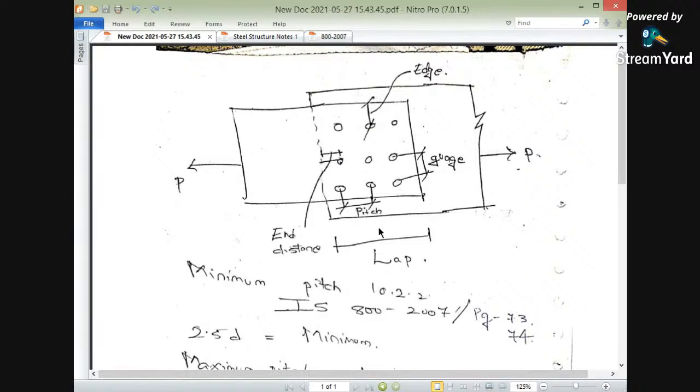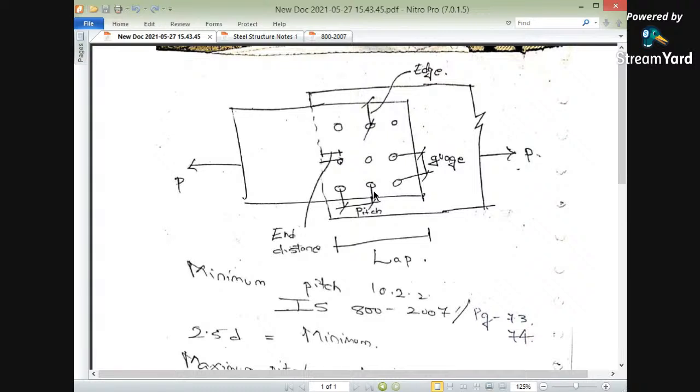These are the basic nomenclatures, and these words are frequently used in design. Gauge distance is nothing but the distance measured perpendicular to the direction of the force.